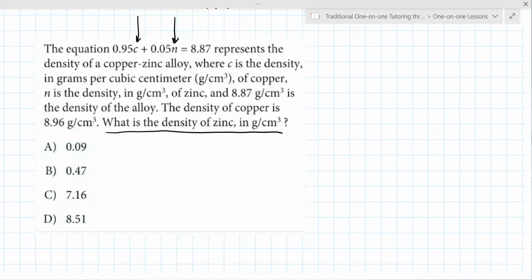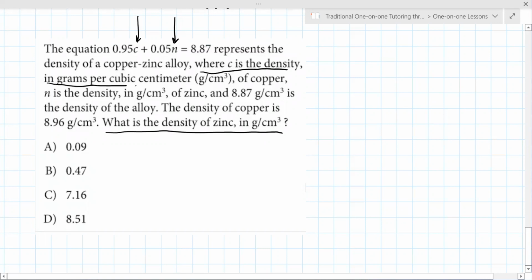Oh, letter C. So C is the density in grams per cubic centimeter of copper. Okay. And just to be clear, they tend to use reasonable letters, they're not choosing odd letters most of the time.